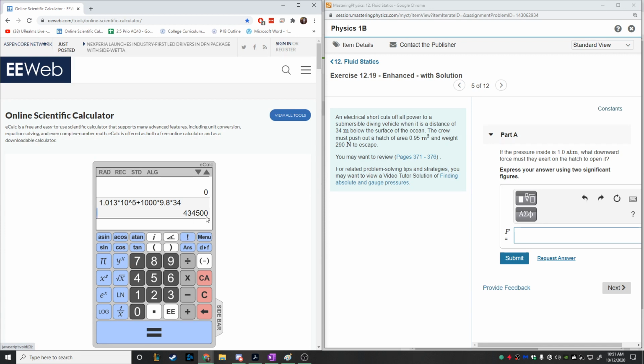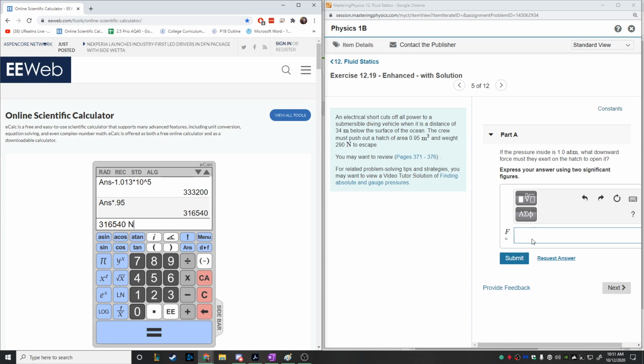Then it says the pressure inside the vessel is 1 atmosphere, so we subtract away 1.013 times 10 to the 5. That gives us our pressure. And if we multiply by the area of the hatch, which is about 0.95, that gives the force. This would be the force that you need to actually push open the hatch, right?